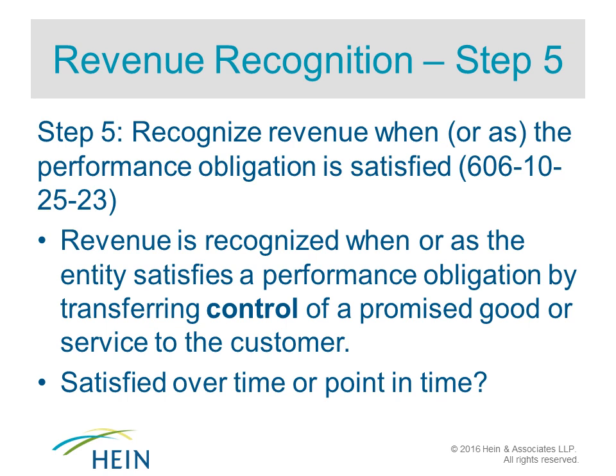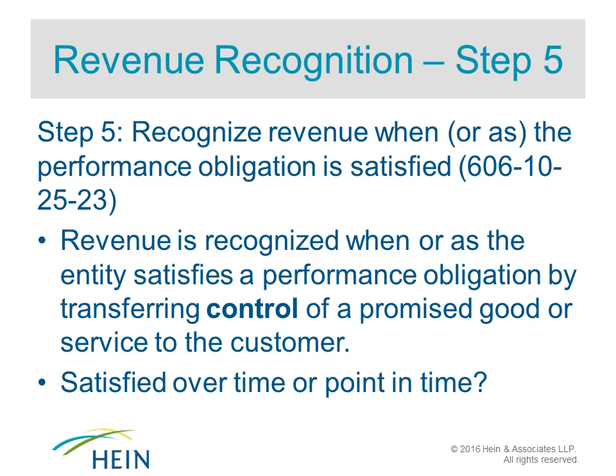So then we'll move on to step 5, which is recognizing revenue when or as the performance obligation is satisfied. The core question here is whether revenue is recognized over time or as of a point in time. There are very specific criteria for when we can recognize revenue over time.